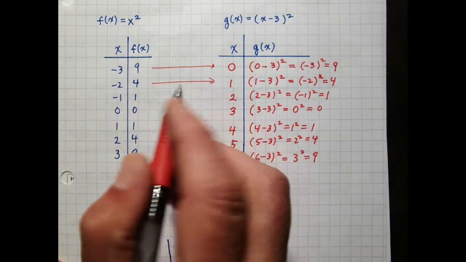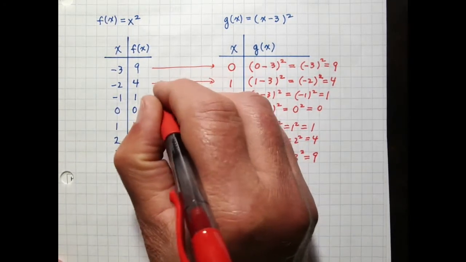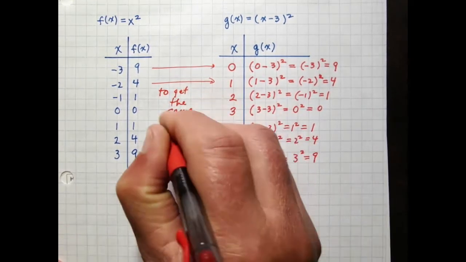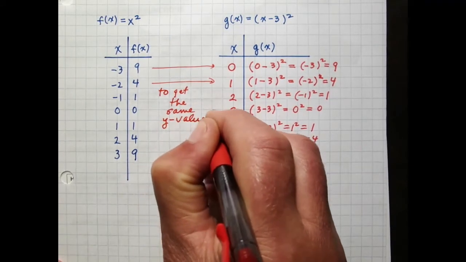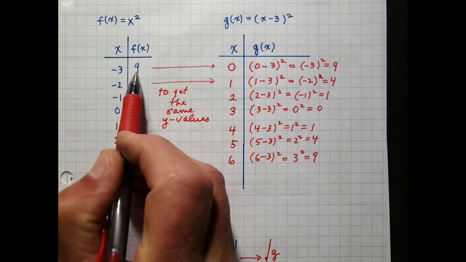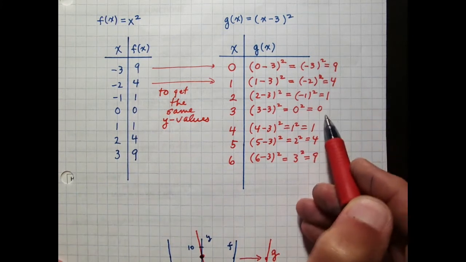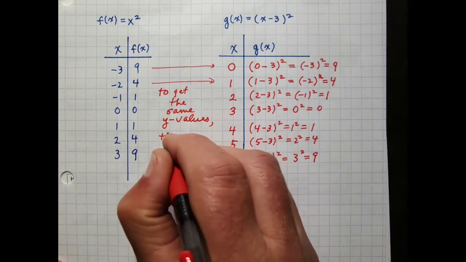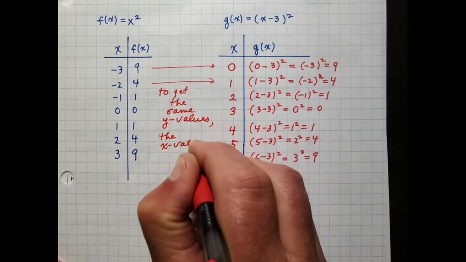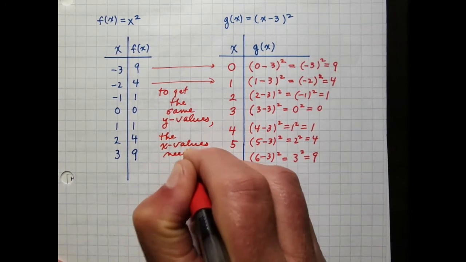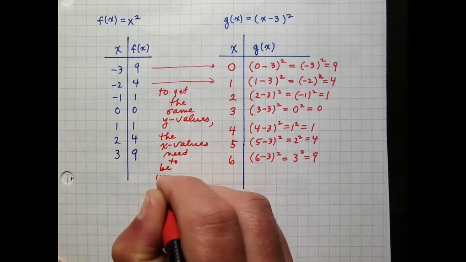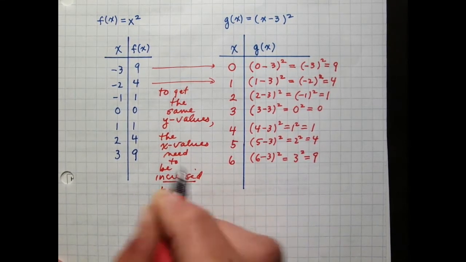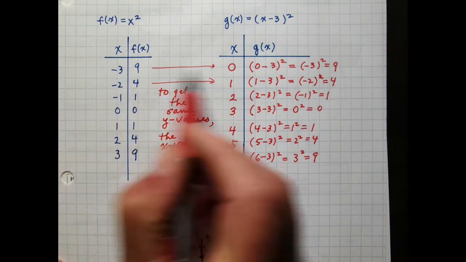And if you go across and you compare, you could say to get the same y values, so the x values are different, but I get the same y values, 9, 4, 1, 0, 9, 4, 1, 0, etc., the x values need to be increased by 3. So notice, if you increase negative 3 by 3, you get 0.